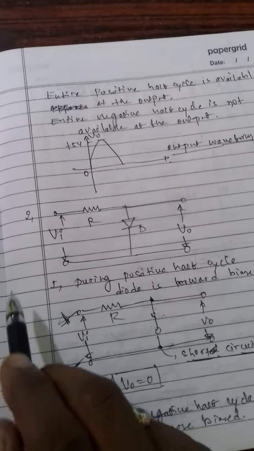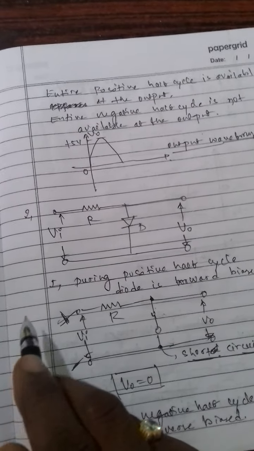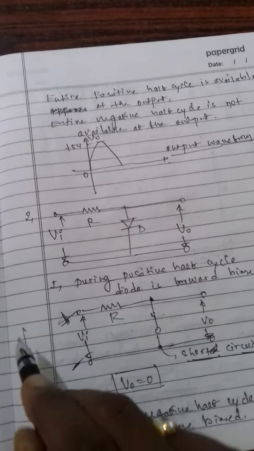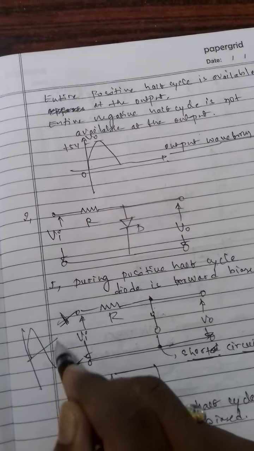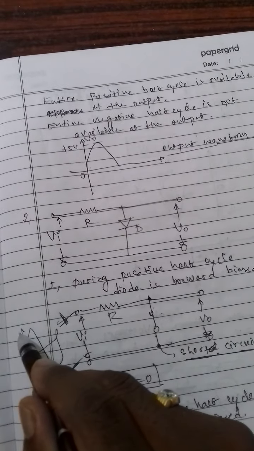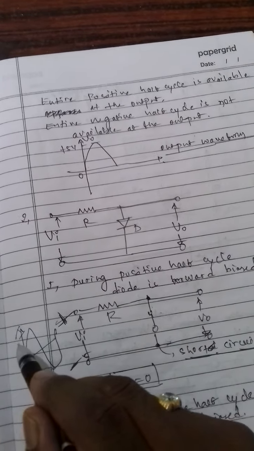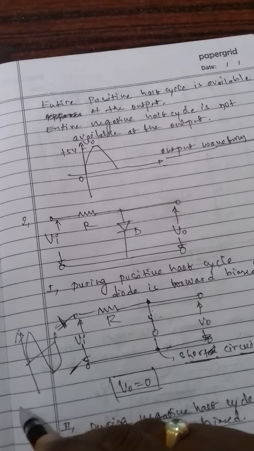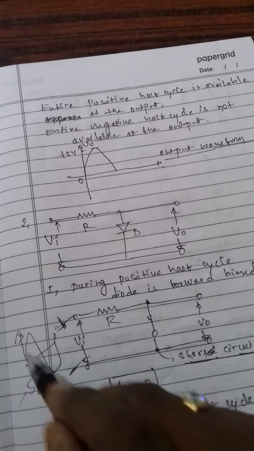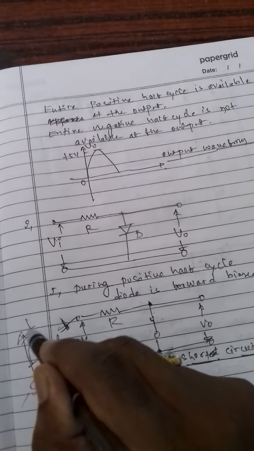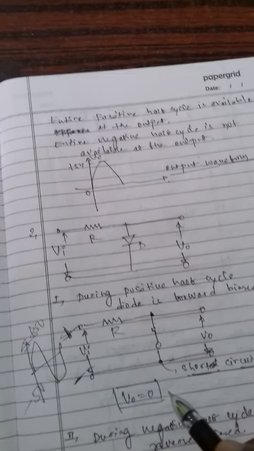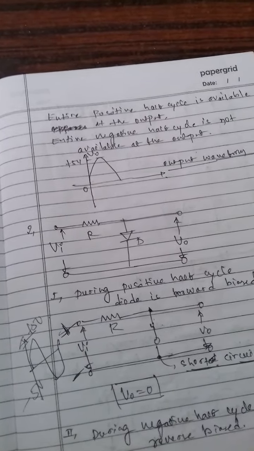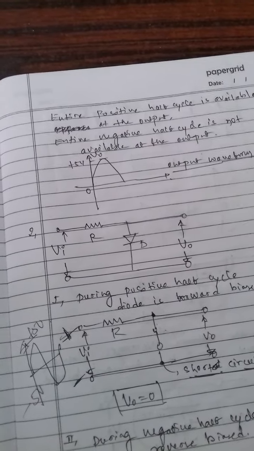The diode is forward biased, it indicates that here this is the input, here it is minus 5 volts and here it is plus 5 volts. During the positive half cycle, the diode is forward biased.